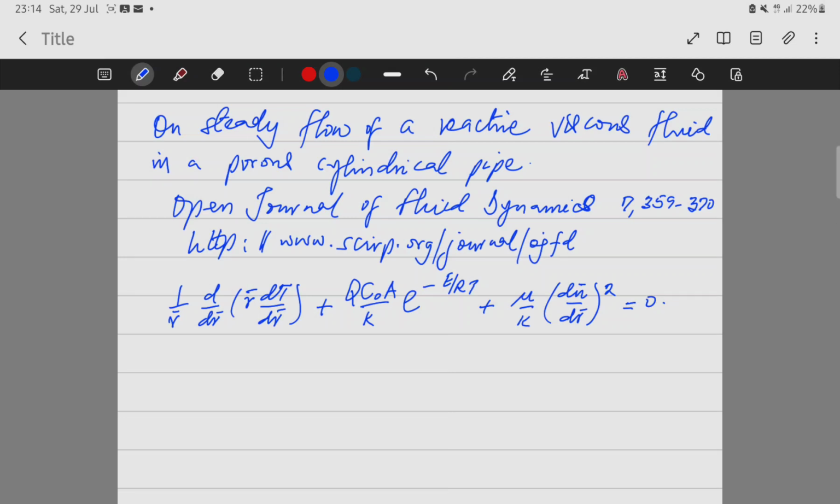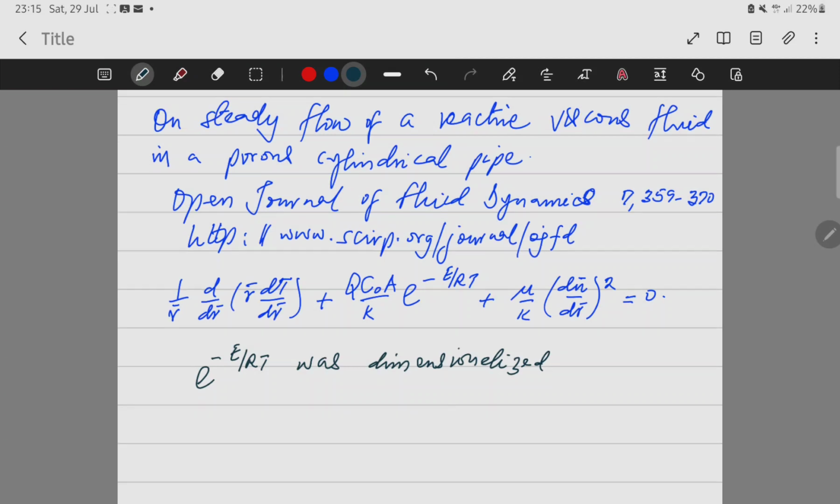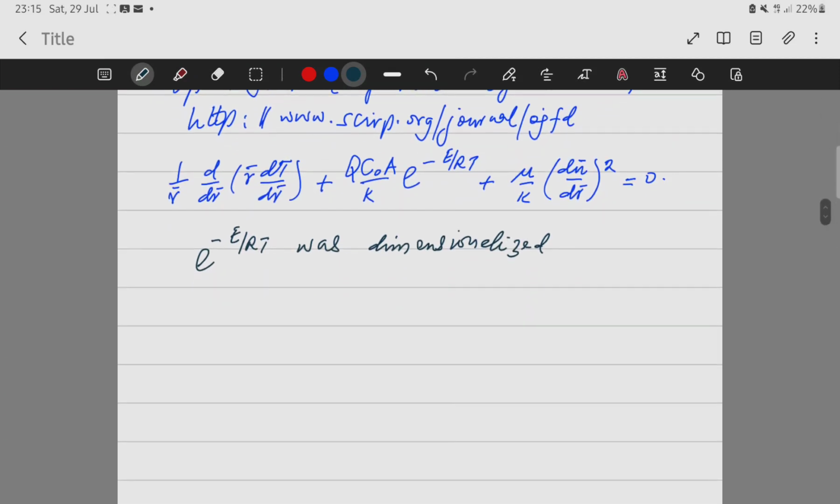So we now want to show how this term e raised to power minus E by RT was non-dimensionalized. So how do we do that? In that paper, we have some dimensionless variables that we used.